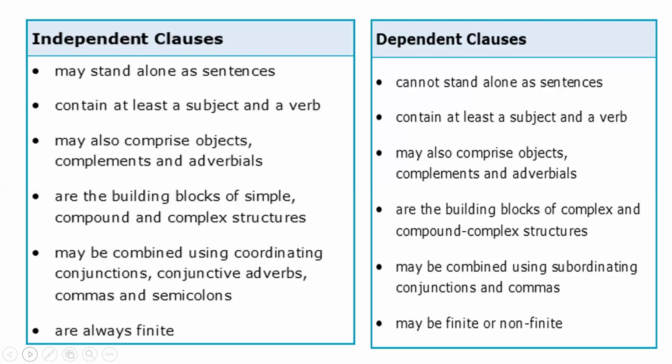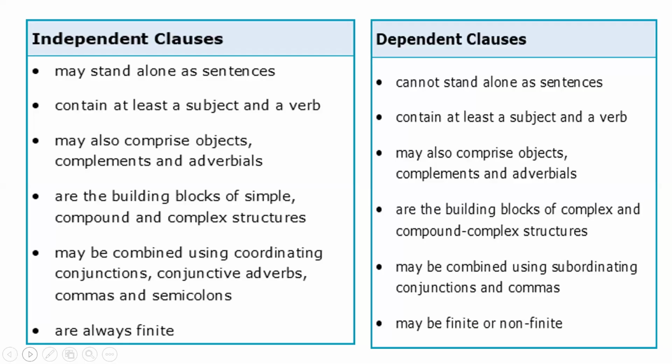In a compound sentence, there is a presence of two independent clauses. Complex has dependent and independent clauses, and then there is the compound-complex structure. So they are building blocks of complex and compound-complex structures, and are commonly used with subordinating conjunctions and commas. A very important point should be noted. With independent clauses, we use coordinating conjunctions, conjunctive adverbs, commas, and semicolons.